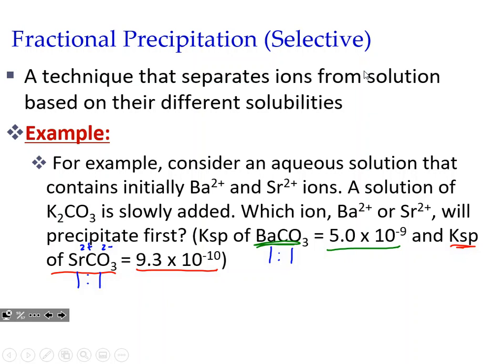And that is an excellent question. This is exactly what you do when they are not 1-to-1 and you have to compare. You don't directly compare KSPs. You have to go in, do the expressions, calculate the molar solubilities, calculate the x. So say for instance they gave you one that's 1-to-2 and they gave you one that's 2-to-3.